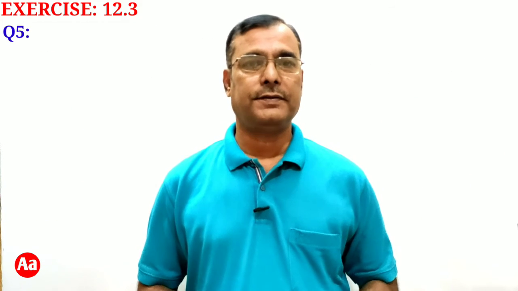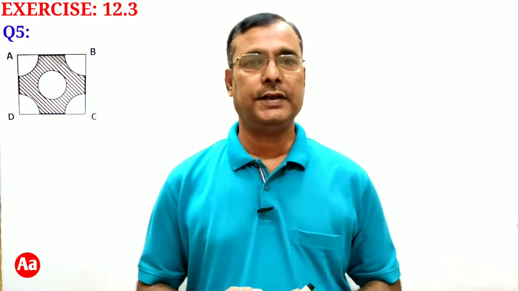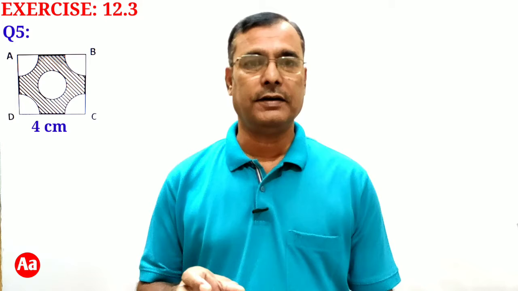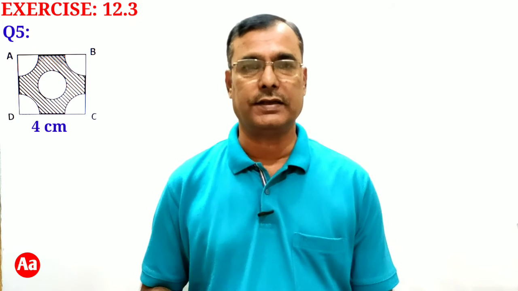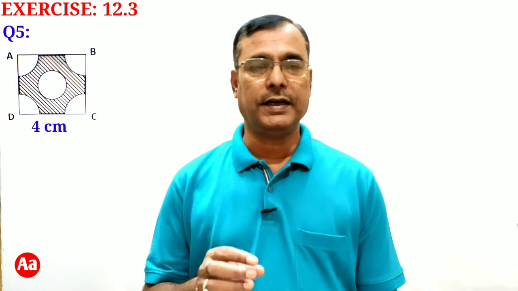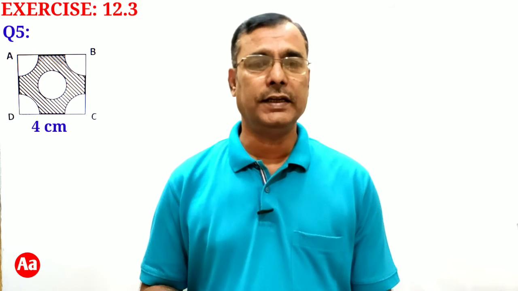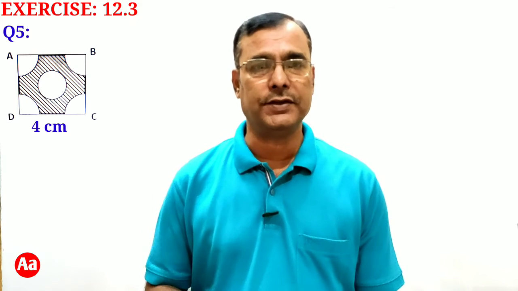Question number 5 is, from each corner of a square of side 4 centimeter, a quadrant of a circle of radius 1 centimeter is cut, and also a circle of diameter 2 centimeter is cut as shown in the figure. Find the area of the remaining portion of the square.